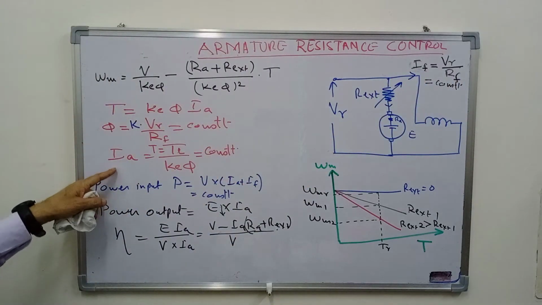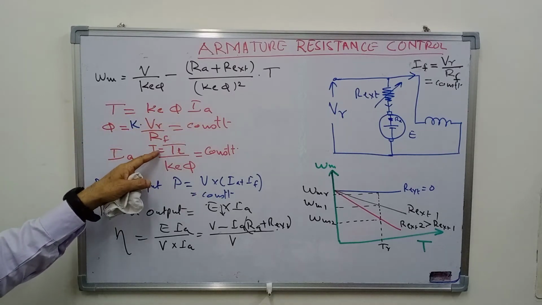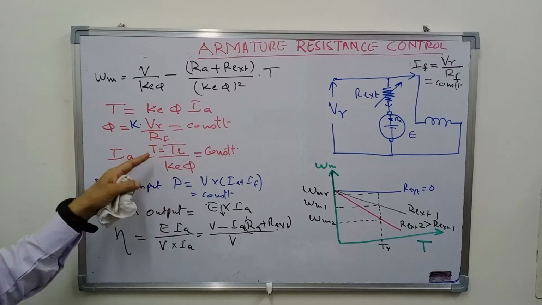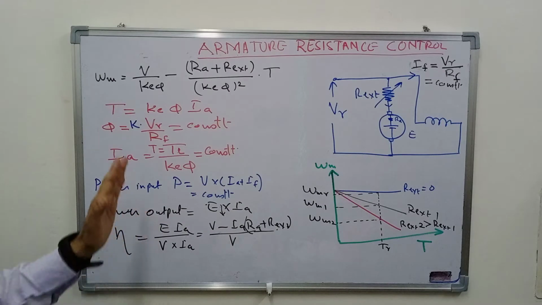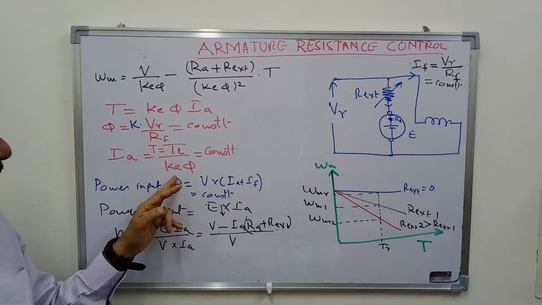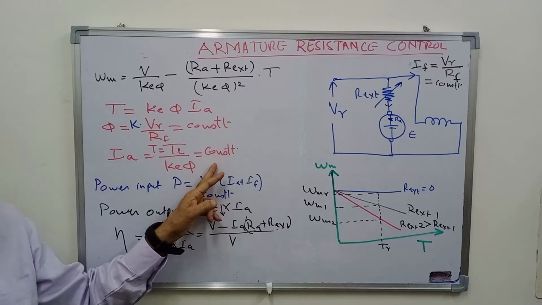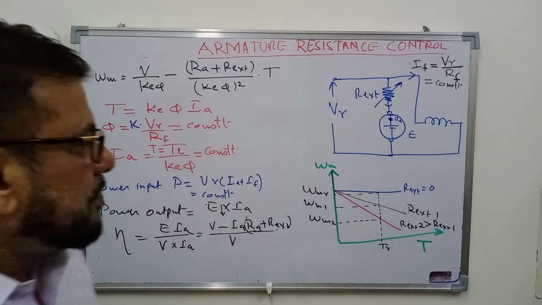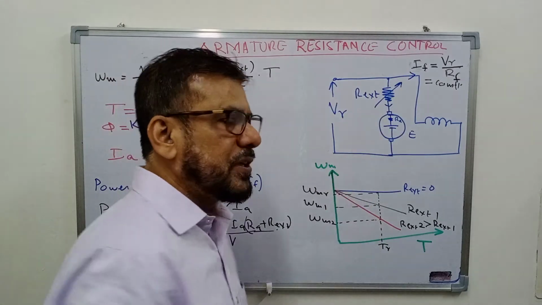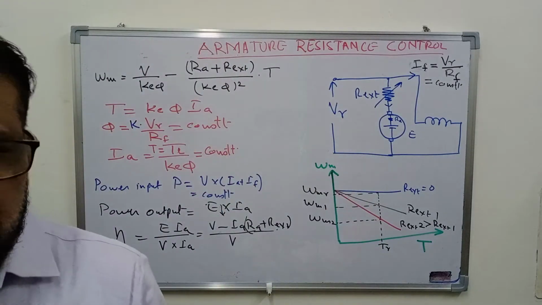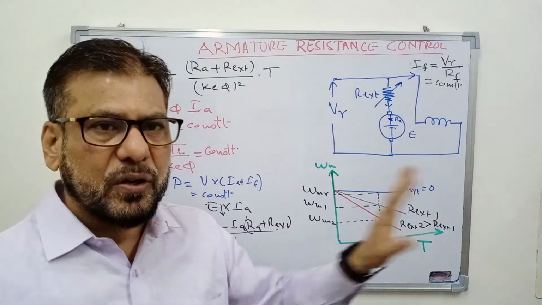So what about the torque? Current Ia here will be equal to torque divided by Ke phi. So suppose you are supplying a constant torque load, this means that the torque will remain constant. So the current drawn by the armature will also be constant. It is very surprising, but it is true that you are increasing the resistance, but still the current remains constant if the torque connected to the motor is a constant torque load.